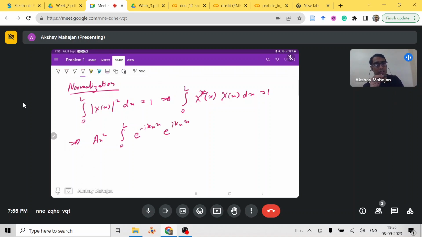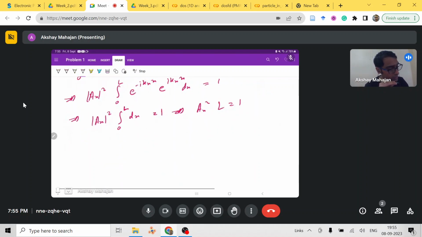We can consider it to be real as well, because we just want our wave function to be normalized. Both exponentials will give just 1, and this will be just integration from 0 to L dx, that should be equal to 1, which gives us ax square times L equals 1, and thus ax equals 1 by under root of L.